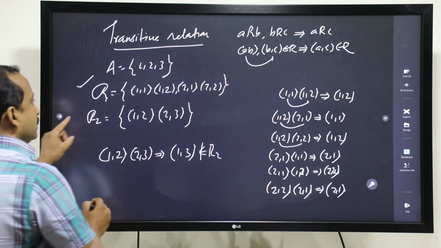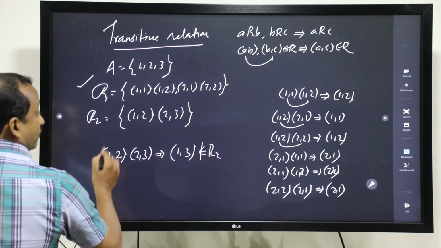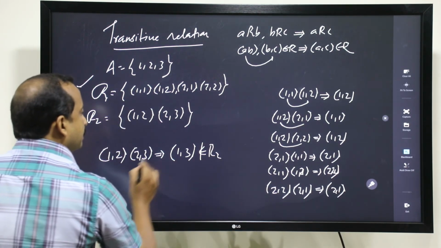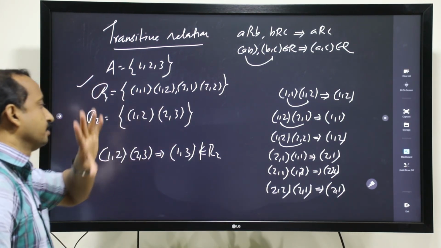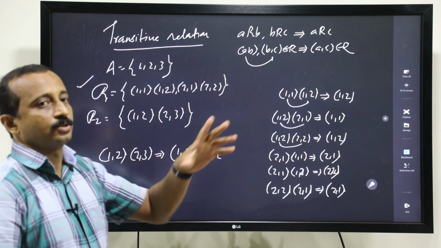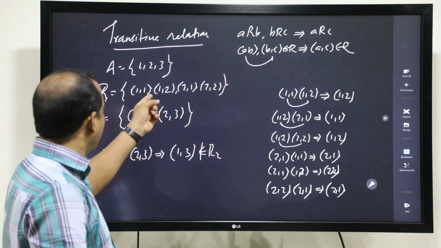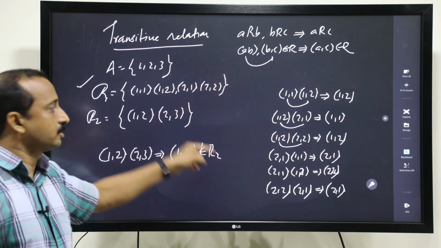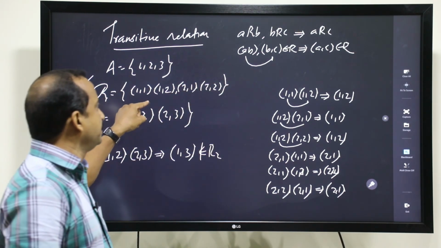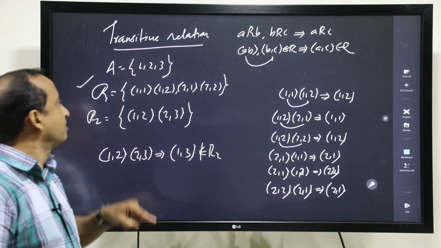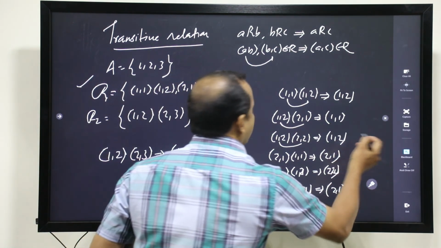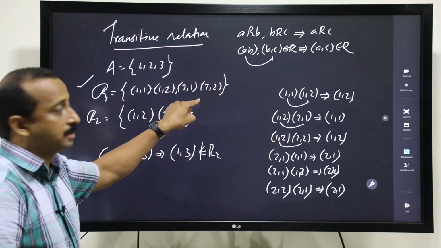Here we write (1,2) and (2,3) are elements of R2. Their combined pair (1,3) is not an element of R2, and therefore R2 is not transitive. But in R1, all the elements satisfy the condition of transitivity. So generally we write (a,b) and (b,c) elements of R1 implies (a,c) is an element of R1.